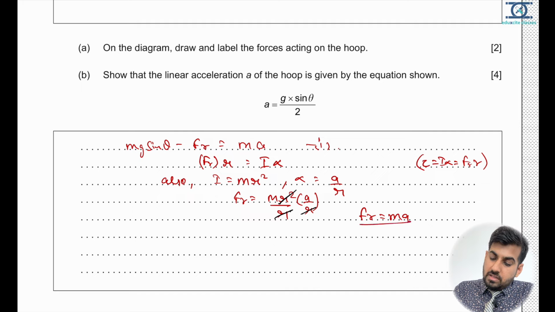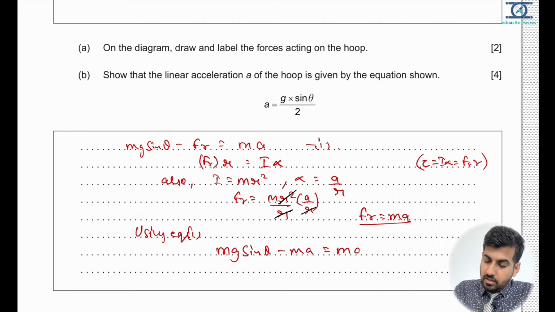Now I put this into equation 1. So using equation 1, I can simply say mg sin theta minus ma is equal to ma. So this will become 2ma. So a is mg sin theta divided by 2m. So m and m get cancelled.